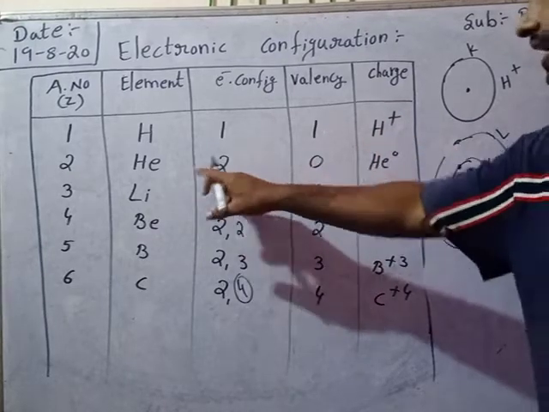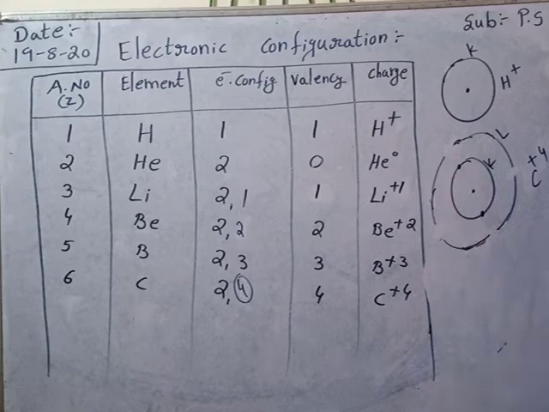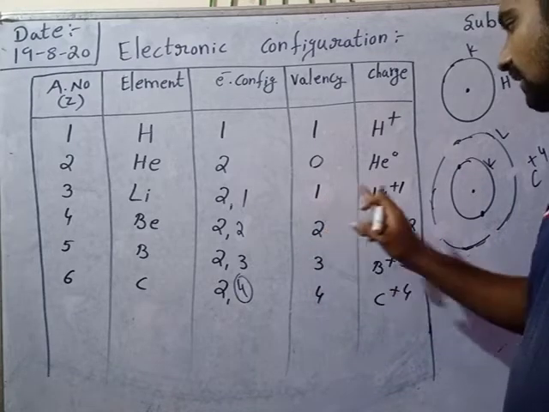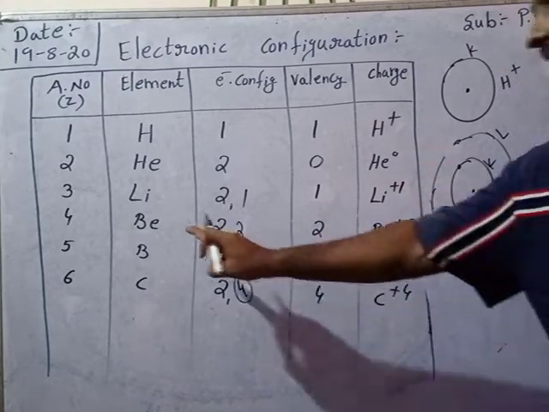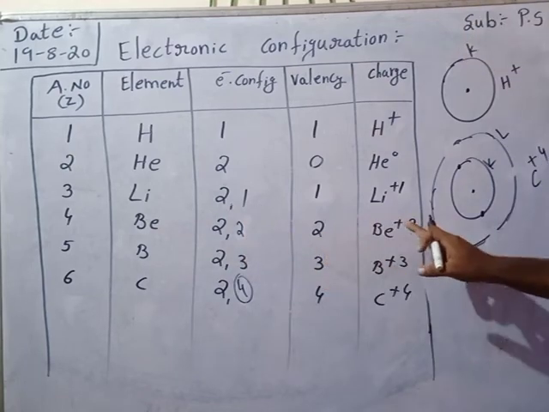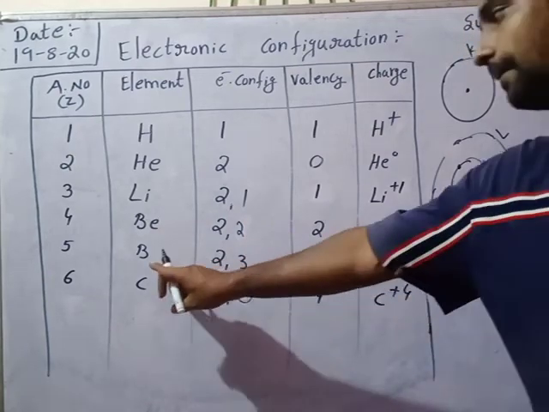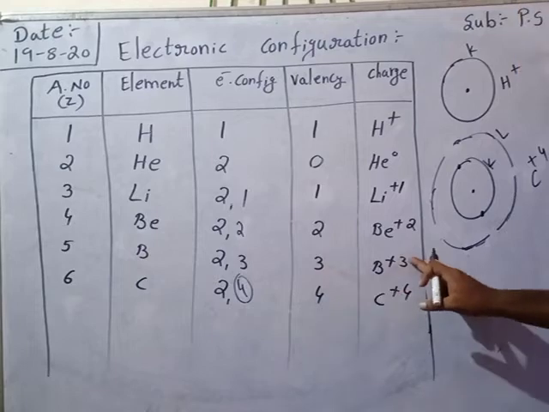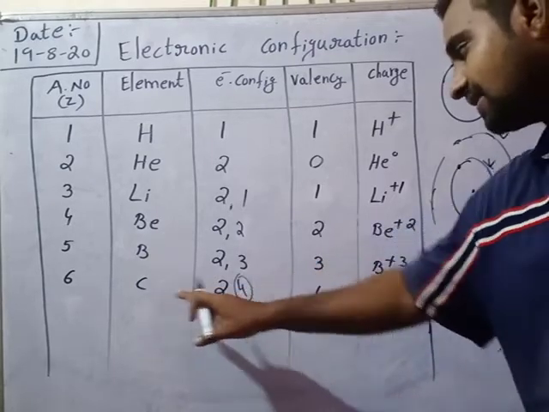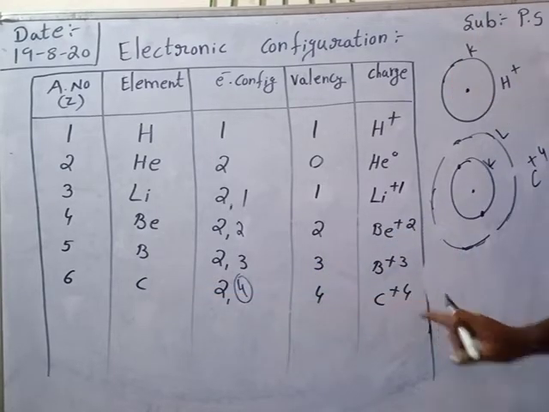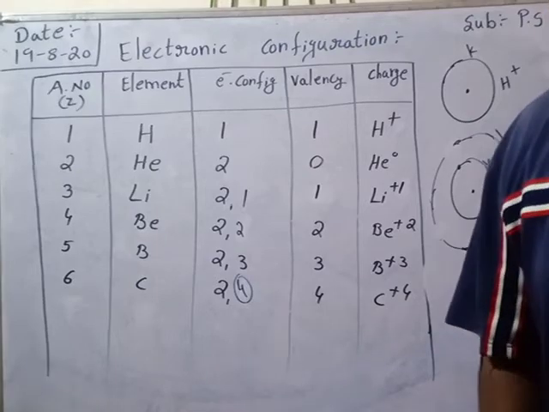Helium charge 0, valency also 0. Lithium valency 1, charge plus 1. Beryllium valency 2, charge plus 2. Boron valency 3, charge plus 3. Carbon valency 4, charge plus 4. Do you understand, students? Okay.